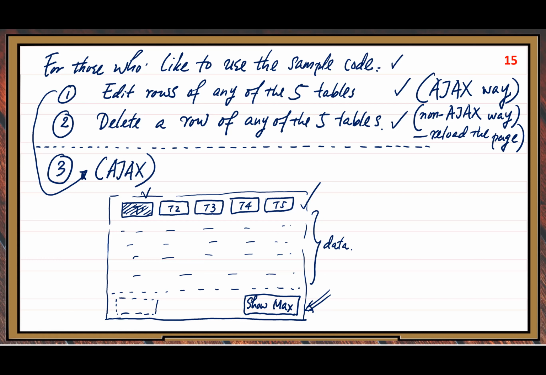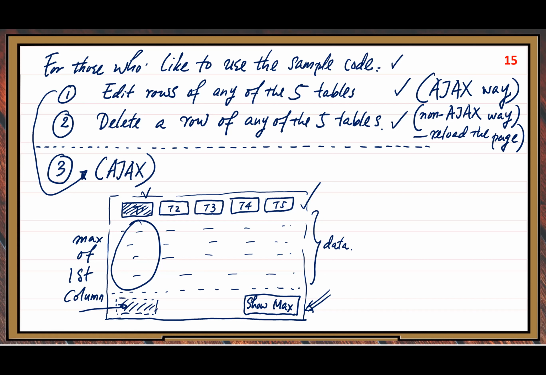When you click this button, you call an Ajax JavaScript function that accesses the database at the server side. We need to display the max value of the first column, and you display that value here.